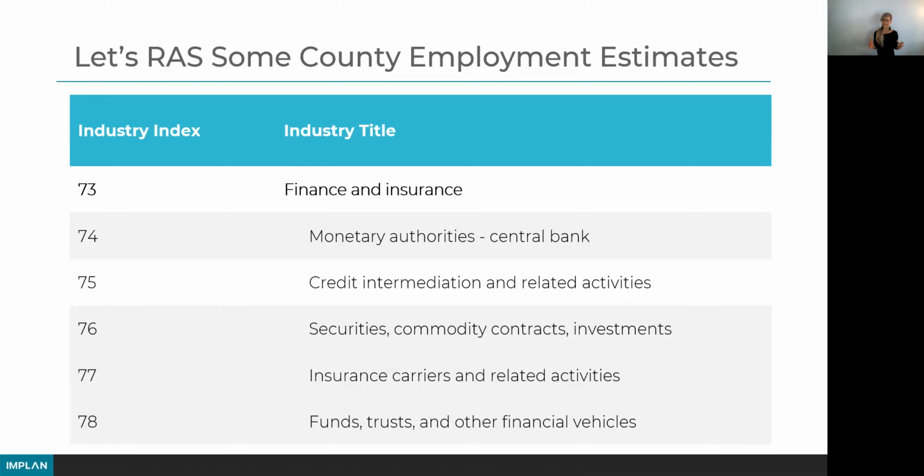We have a parent industry, which is called finance and insurance, and it has 5 child industries, or child sectors. When we estimate numbers for these child sectors, we're going to assume that the parent industry has a known value, and so we need to make sure that our estimates for the child sectors sum up to that known parent sector value.